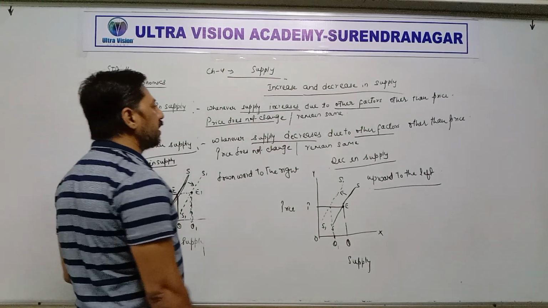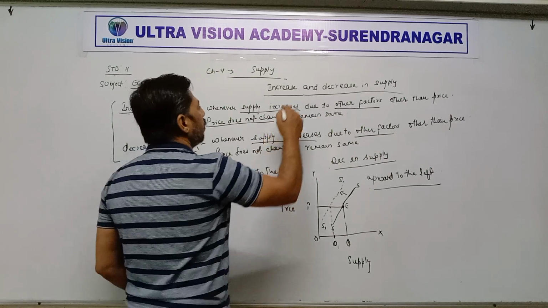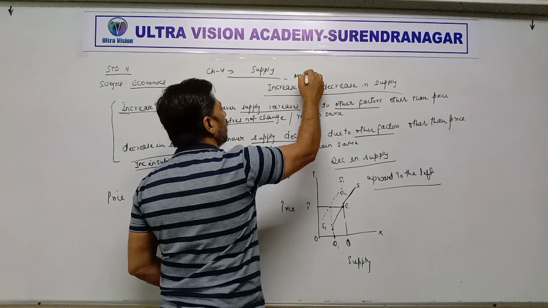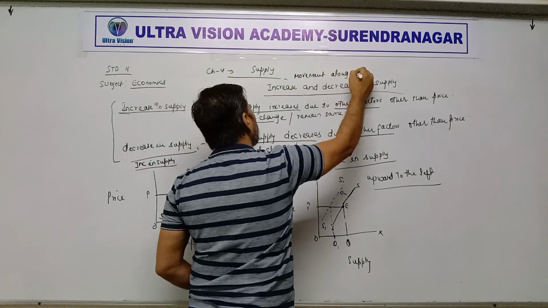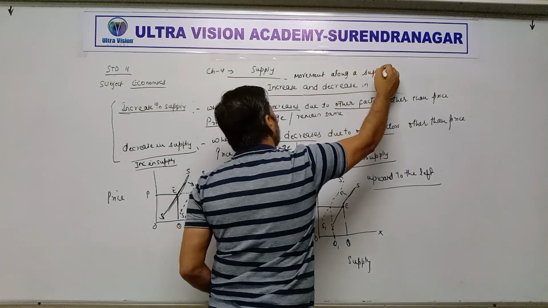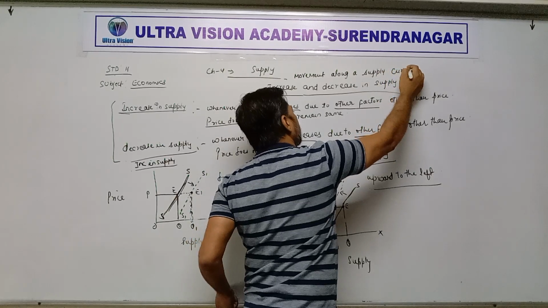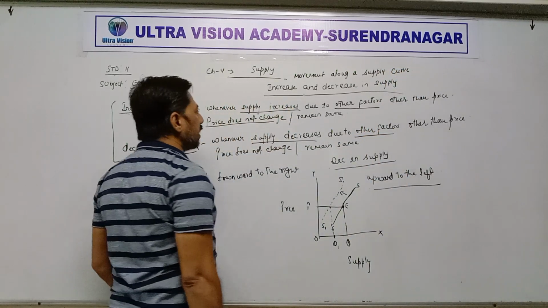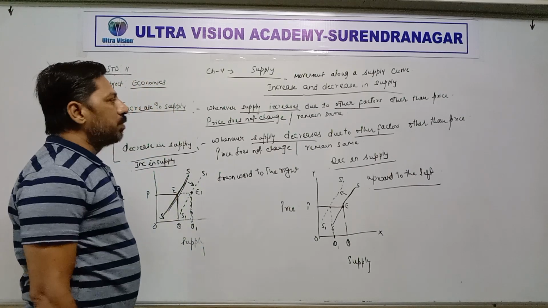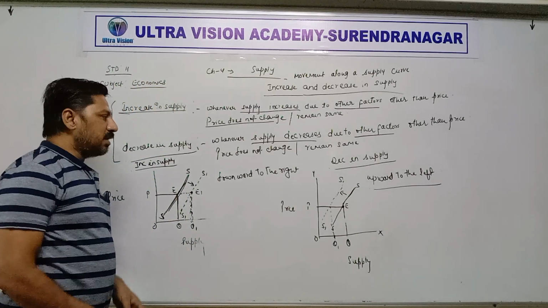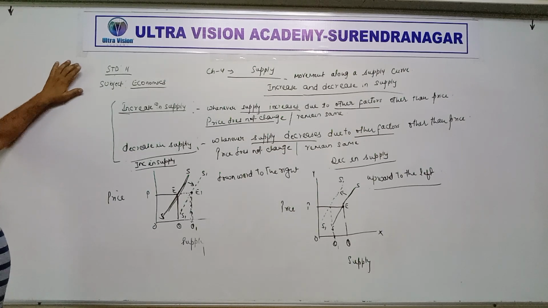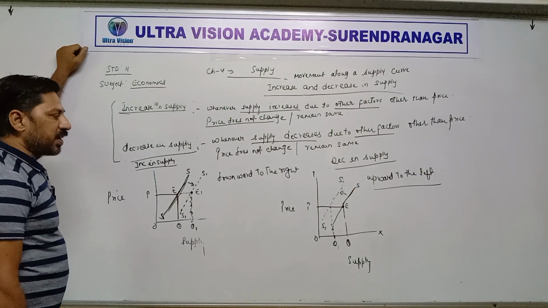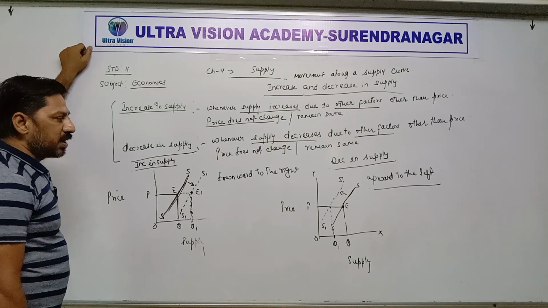The reason is that in both increase and decrease in supply, the whole supply curve is shifted either downward to the right or upward to the left.